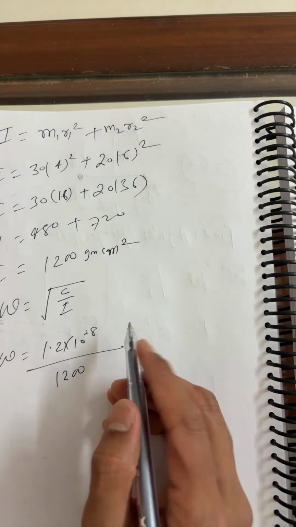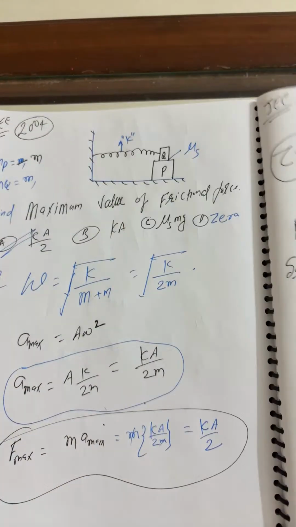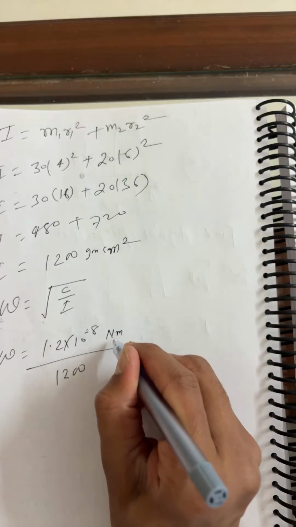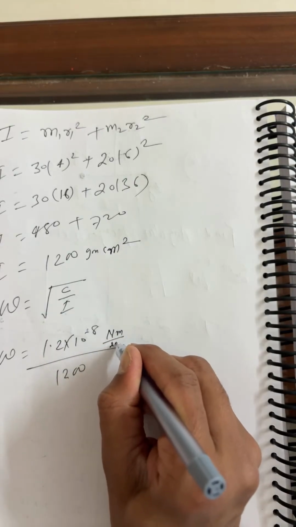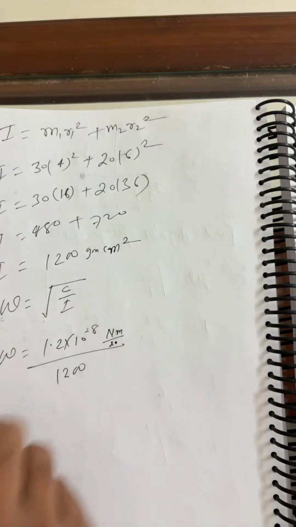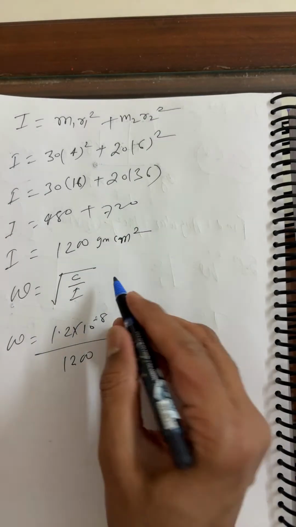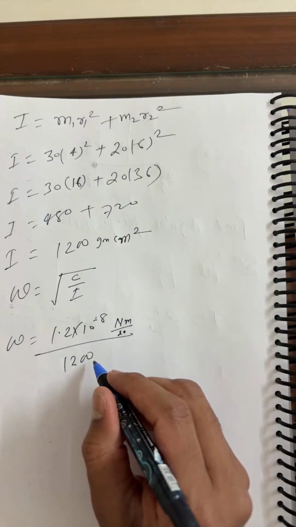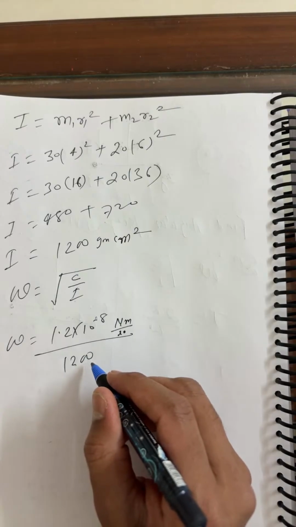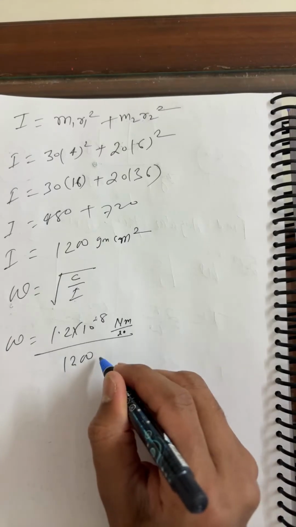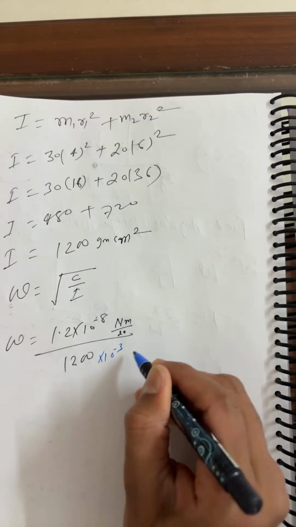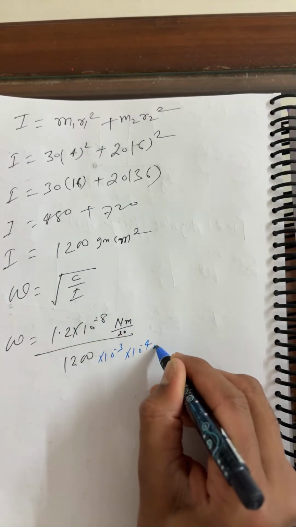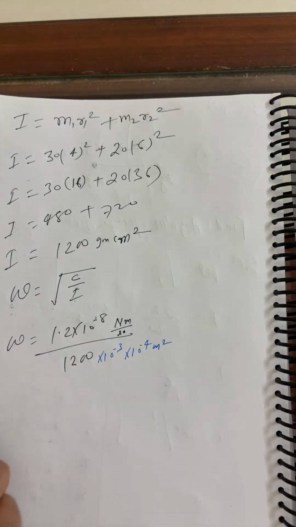But be careful here. What's the unit of this one? Yes, there is a unit Newton meter per radian. So we have to convert these entire things in SI only. 1 gram is 10 to the power minus 3, and centimeter square is 10 to the power minus 4 meter square, right?